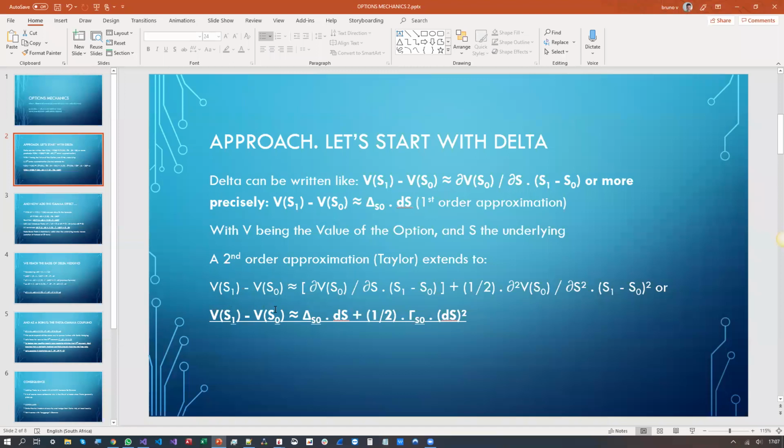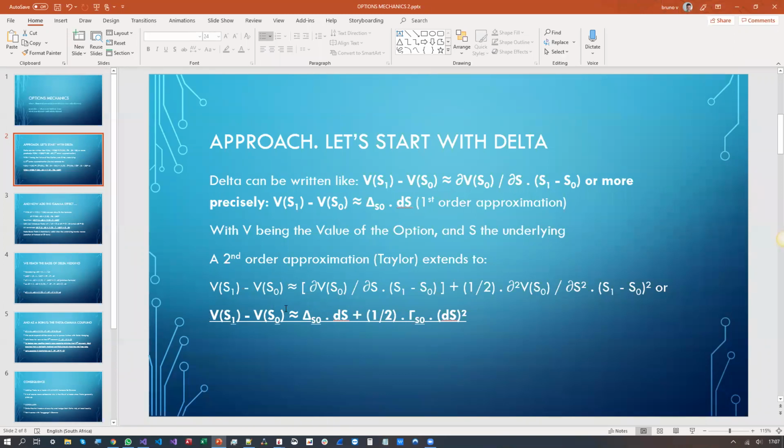If you expand the Taylor formula, it works better if the underlying doesn't move much. Otherwise, you need to go into higher orders to get closer. This is only an approximation.